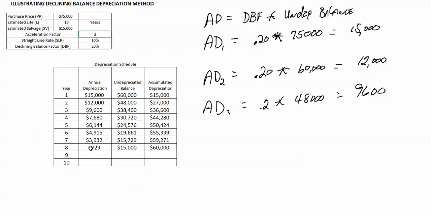When you look at the very bottom of the depreciation schedule, just like in the straight line, your balance is sitting at that salvage value, and the salvage value and the accumulated depreciation will again add up to the original purchase price.